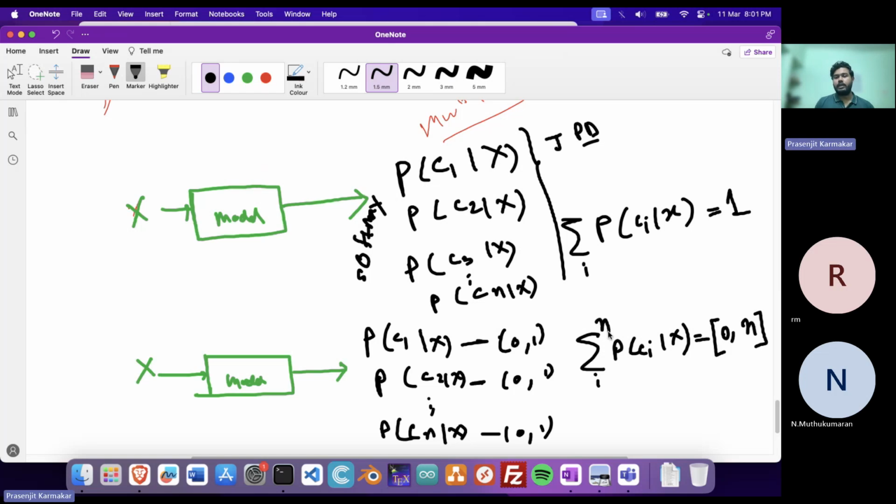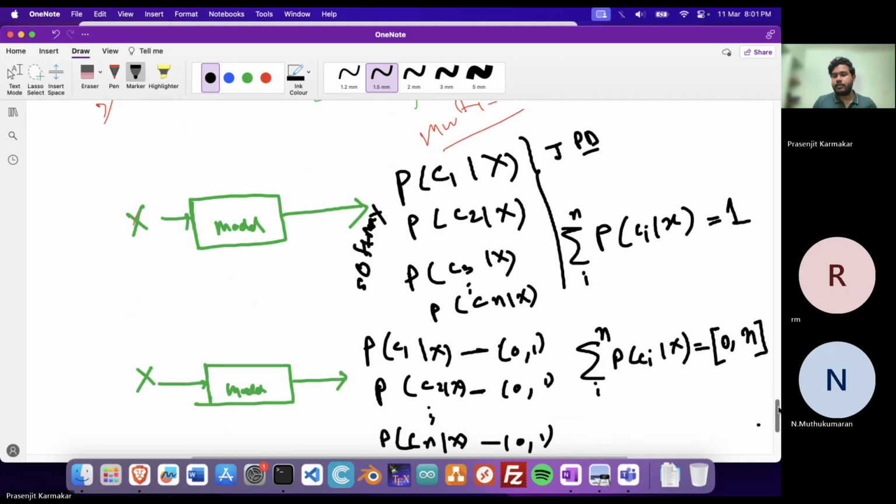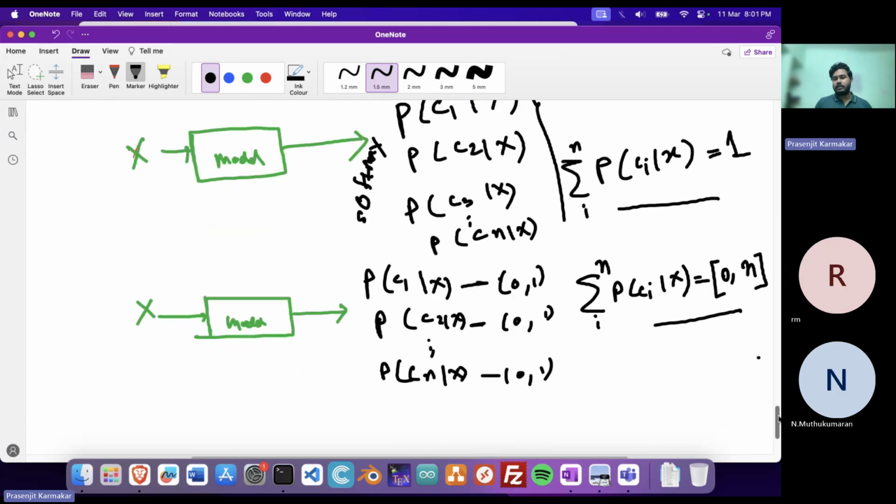We are just summing over N. So that is the difference you can see here: for the multi-class instance, it sums up to 1, and for the multi-label instance, it sums up to N. So there are N independent probability distributions, and to do that in a neural network, we use sigmoid activations in the neurons.